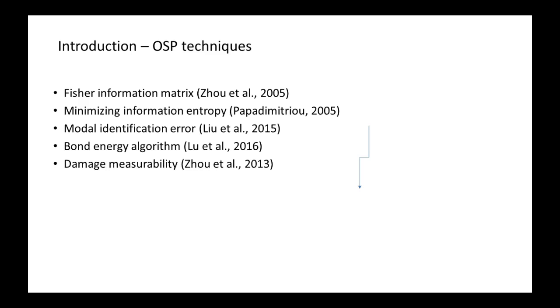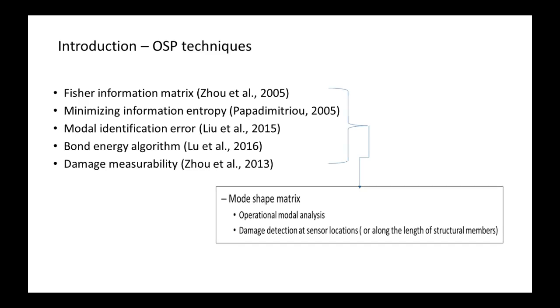But the issue with this technique is that you can identify the damage only when the damage is located at one of the sensor locations. So if the damage is at the ends, you cannot identify it using this method. The damage should be at a sensor location or along the length of the member, not at the ends. The other technique is, you can identify the modal properties like frequencies or mode shapes using any of these algorithms and use them to identify the damage. So let's try that.